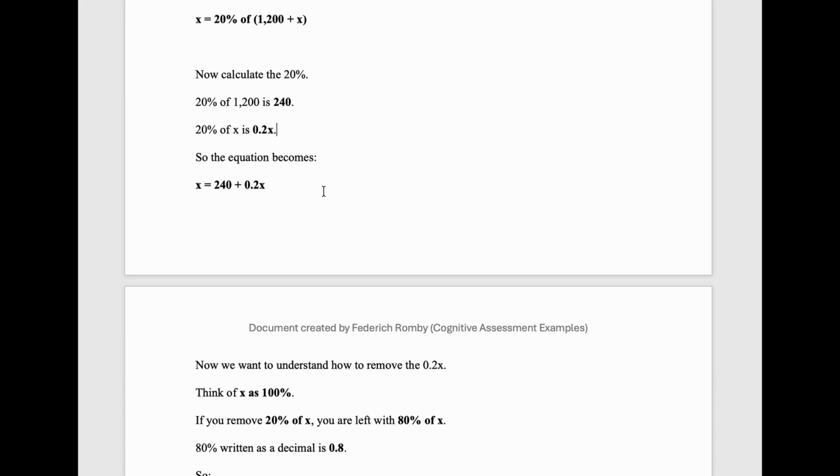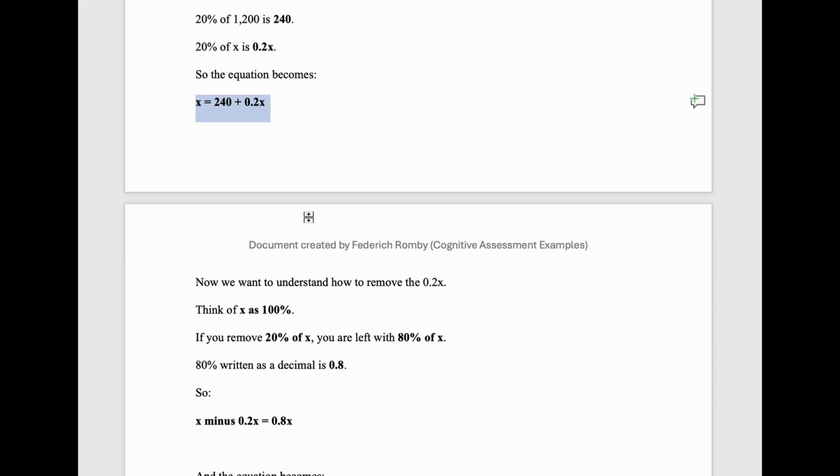But let's use the number we have, as I said, and we got to 240, which is 20% of 1,200, and we have 0.2X, and we put them together like so in order to have an equation as such. X equals 240 plus 0.2X.